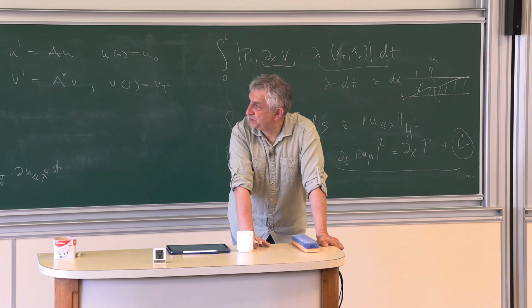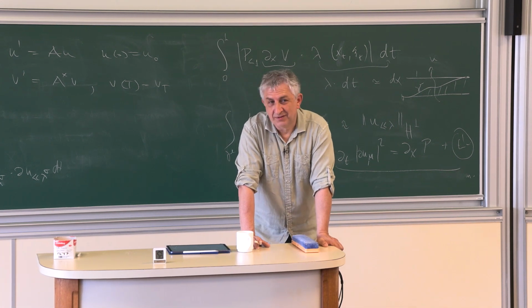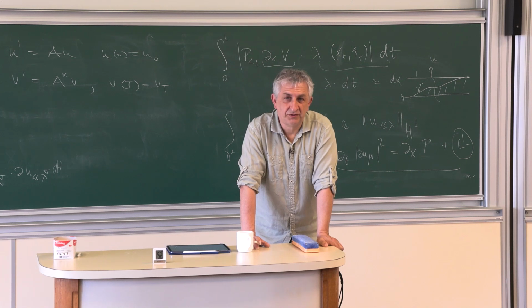Right, so in some sense it seems like every departure from the setting that I've been talking about is non-trivial. It's non-trivial to change from Schrödinger to something else. It's non-trivial to allow your dispersion relation to degenerate.